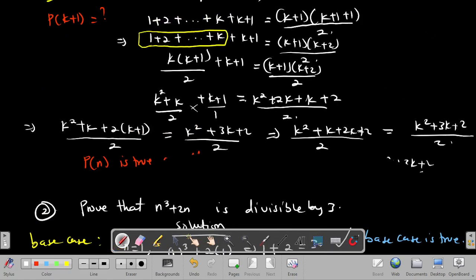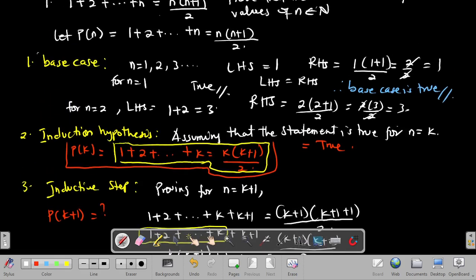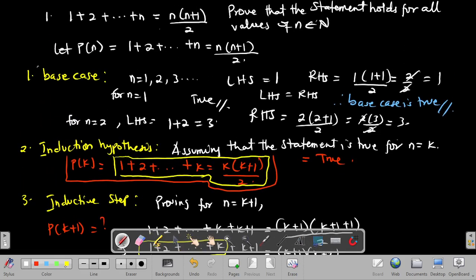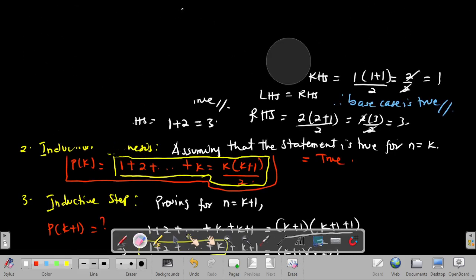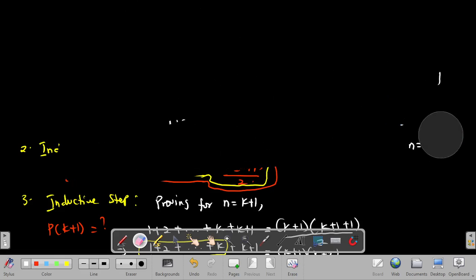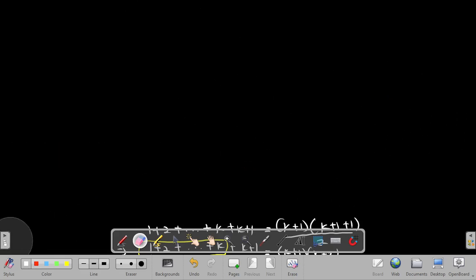Now, let's solve our last problem, where we are going to observe how we can solve problems involving factorials and also inequalities. It's very important.